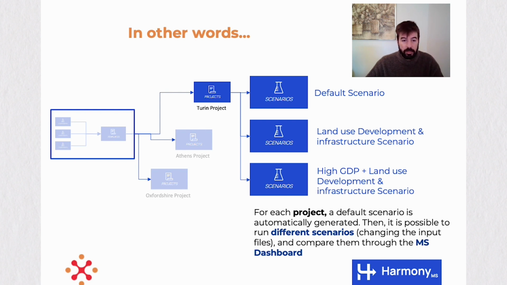Here we see, for example, 2 alternative scenarios to the default scenario, by basically changing some of the inputs that the template used in the project expects. So, for instance, you can here increase the GDP and see what this means for this particular scenario, and also compare the results of the high GDP to the other 2 scenarios.